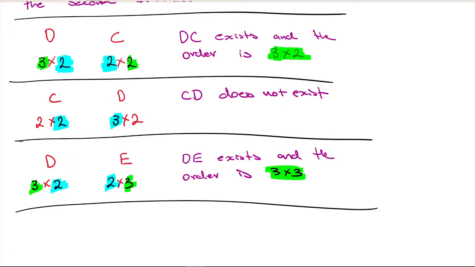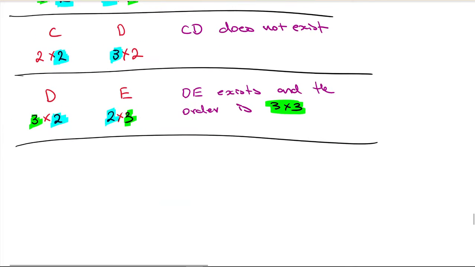Okay, I'll try E and D. So E has the order 2 by 3 and D has the order 3 by 2.